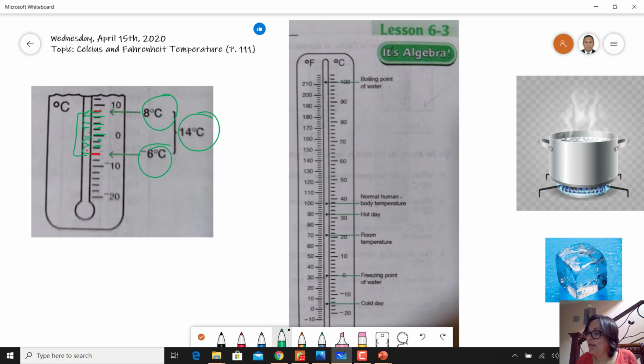Okay, guys, now we are going to answer the information sentences that you have in there. The first information sentence says, at what temperature does water boil on the Fahrenheit scale? Do you remember? It was at 212. Excellent. And on the Celsius scale? At 100 Celsius degrees.